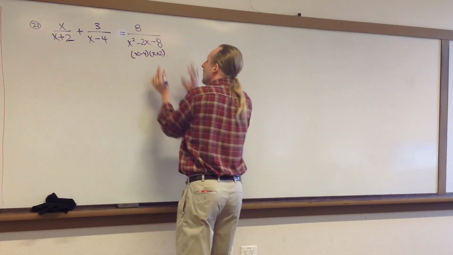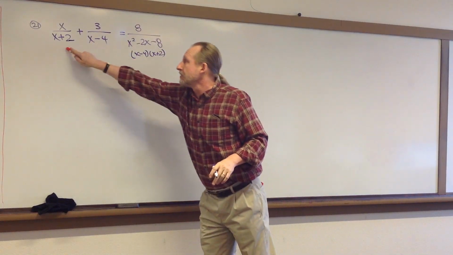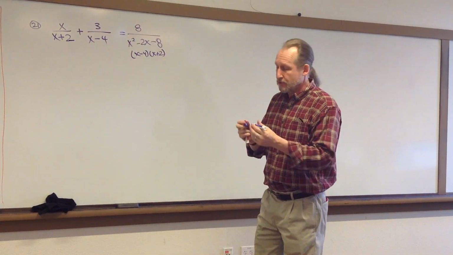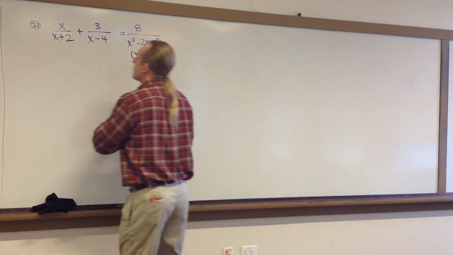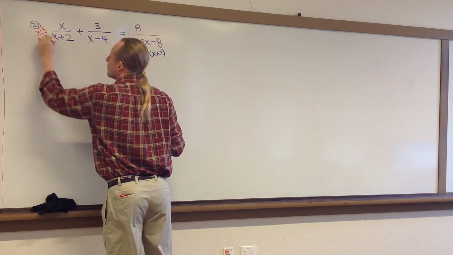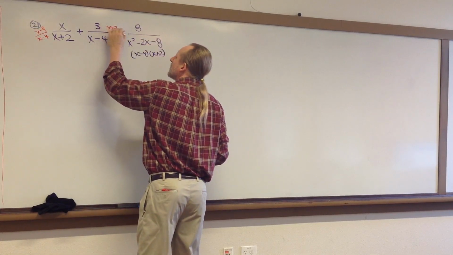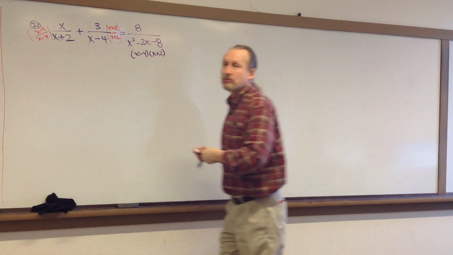So this is our common denominator. We're going to leave this one alone, and we're going to turn each of these into this one by multiplying by the missing factors. So this one needs to get multiplied by x minus 4 over x minus 4. This one gets multiplied by x plus 2 over x plus 2.